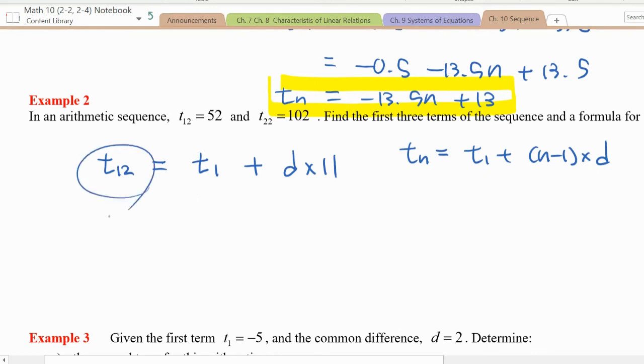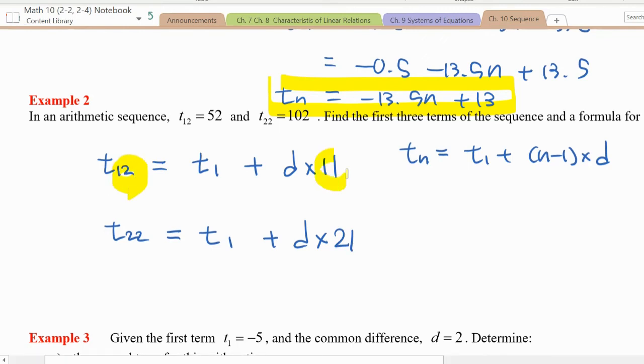And T22 is T1 plus d times 21. Remember, if it is 12, you have to subtract 1 and multiply by 11. And if it is 22, subtract 1 and multiply by 21.